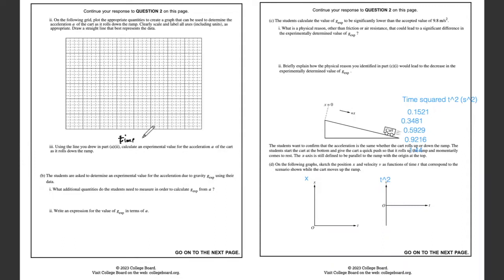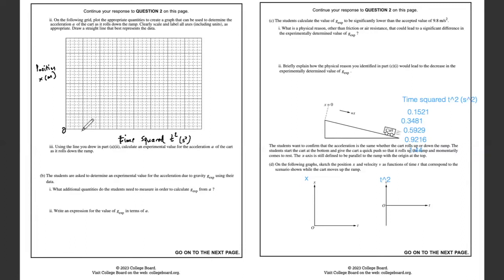So we got time squared. Oh, wow, it's actually not lagging too much. All right, time squared, t squared, which is in units of seconds squared. And then on the vertical, we've got position, which is x in units of meters. Now, you might see that I haven't cleared the time squared values, and that's because I'm going to need them as I'm plotting. So let's start at 0, 0.